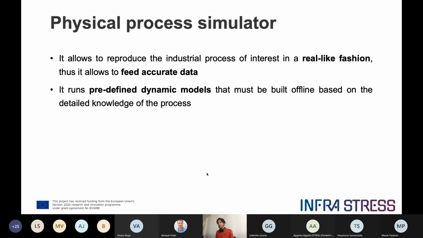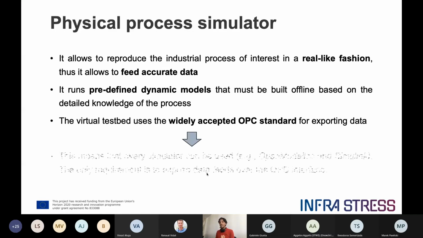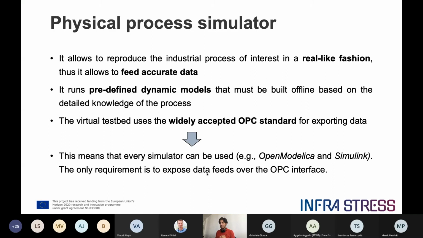Our approach is to run predefined dynamic models that must be built beforehand, obviously, by the security engineer. And then our solution interacts with the other components using the OPC standard. This is very important because it means that every simulator can be used with our solution.